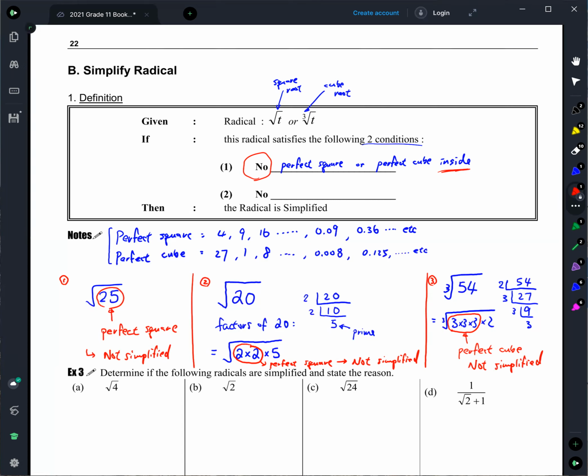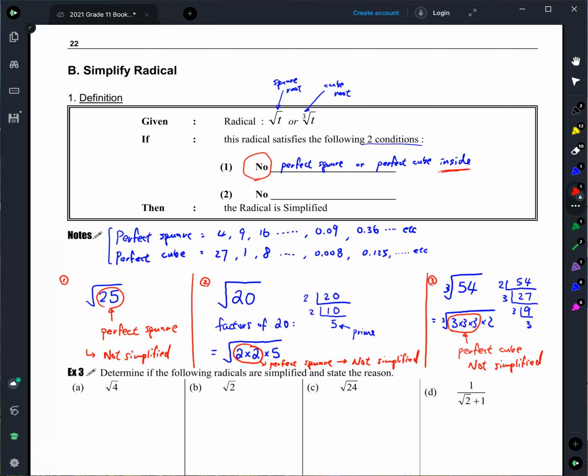You don't need to do anything. This part is just checking whether the radical is simplified or not. Do we have any questions about how to check?